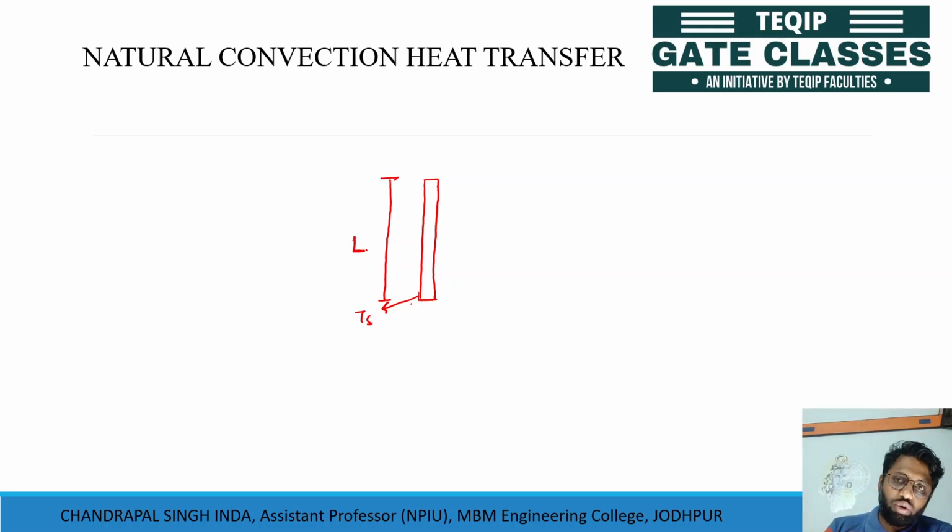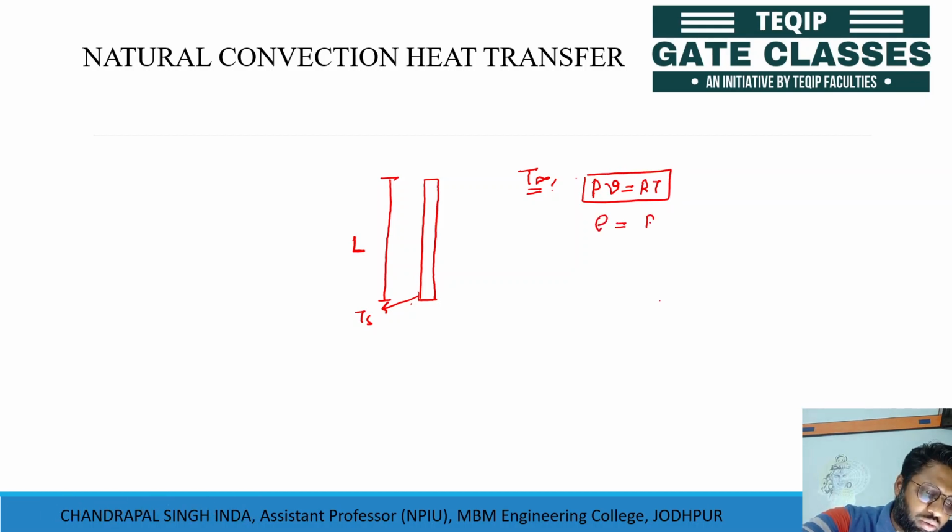As there is no velocity, consider that this plate is surrounded by an ideal fluid, that is air or a gas, having a temperature T infinity. The ideal gas equation is PV equals RT, then we have rho equals P by RT. Here we can see that as the temperature of the ideal gas increases, the density decreases.